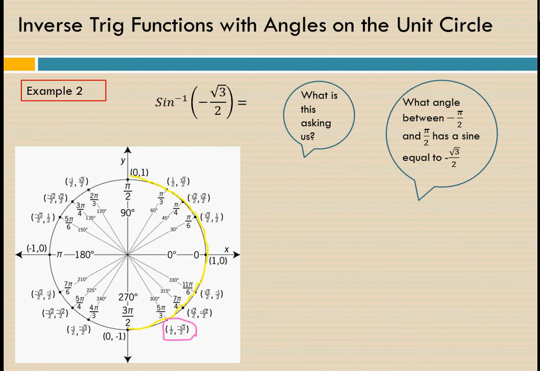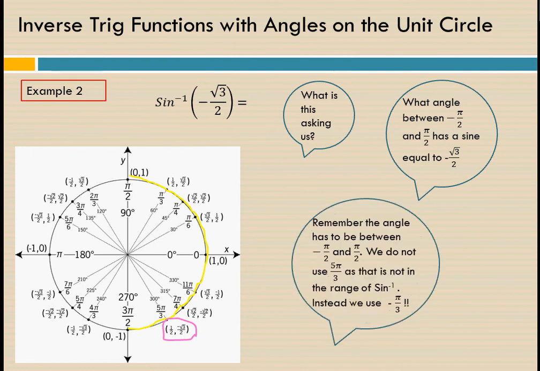Okay, but here's where sine inverse gets complicated. The angle has to be between negative pi over 2 and pi over 2. 5 pi over 3 isn't there. Remember, 5 pi over 3 in standard position is not really in the yellow region.